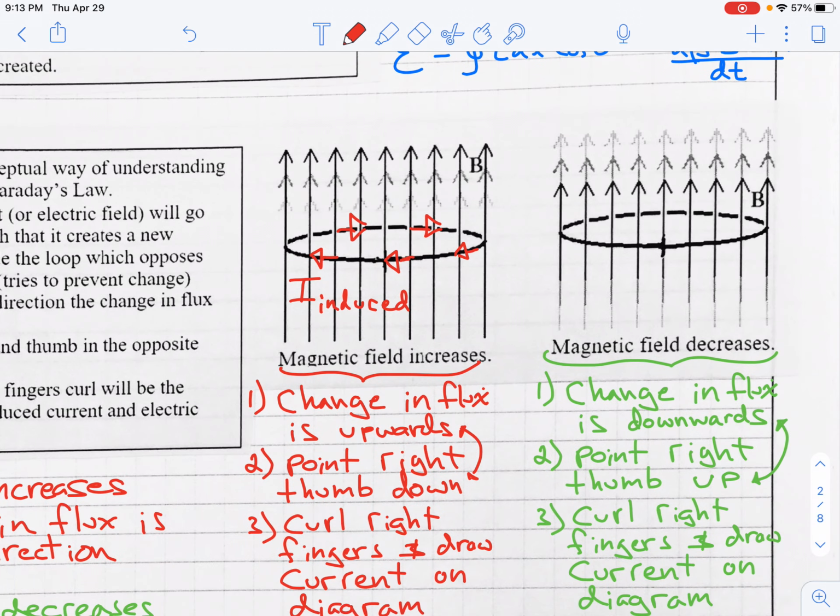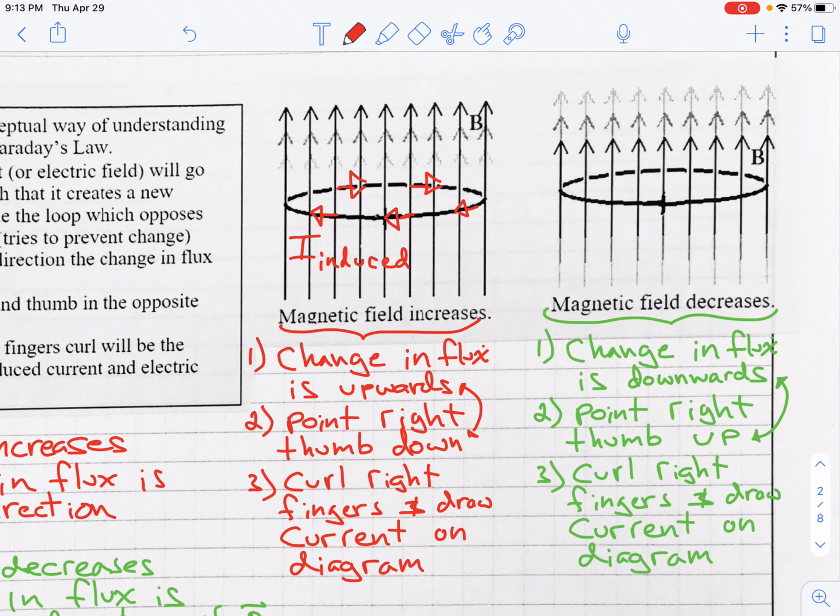The opposite is true if the magnetic field is decreasing. When the magnetic field decreases, the change in flux is in the opposite direction of the magnetic field. So in this case, the field points up, but its strength is growing smaller. Field decreases, change in flux is the opposite direction of that.